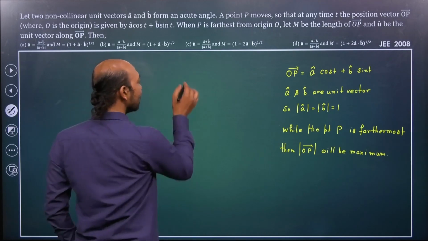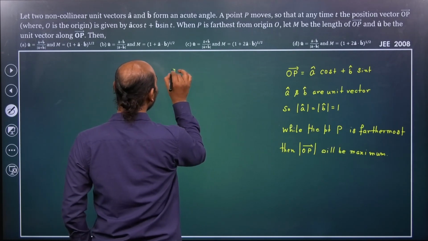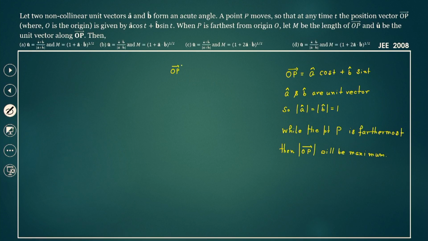So to calculate that, we have to use the dot product. We find that OP mod square is equal to the vector OP dot product with the vector OP again. So that gives A cap cos t plus B cap sin t, dot product of the same vector, A cap cos t plus B cap sin t.